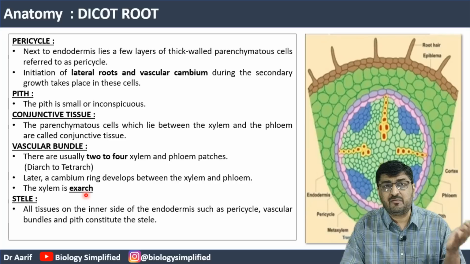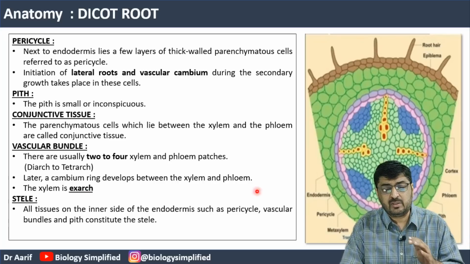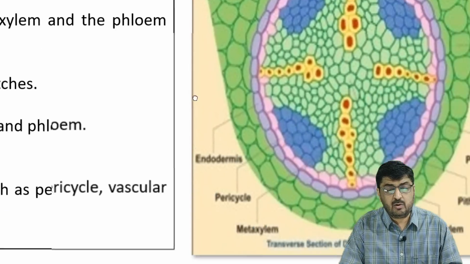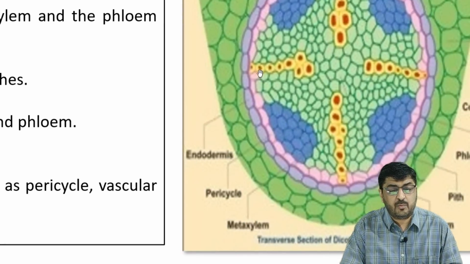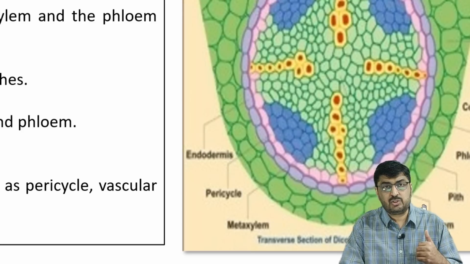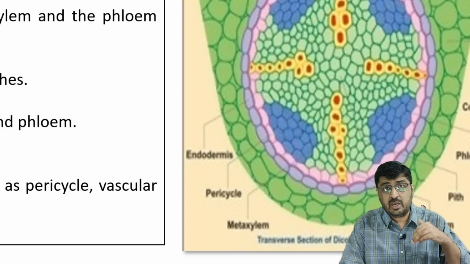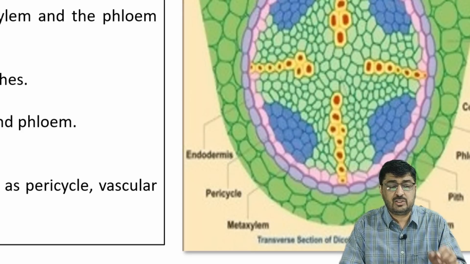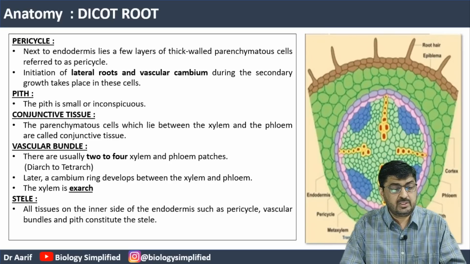Protoxylem towards the periphery, metaxylem towards the pith. यहाँ diagram में देखो, can you see the small ones are protoxylem towards the periphery and the bigger ones are the metaxylem, the vessels are large here, so they are towards the pith, right? So protoxylem बाहर exarch, characteristic of root, protoxylem अंदर endarch, characteristic of stem, ठीक है?